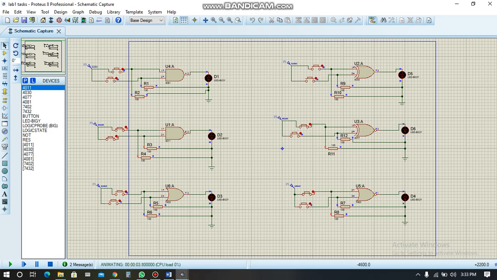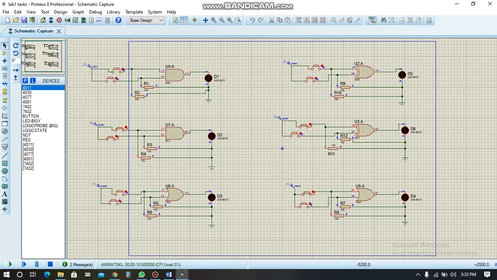The reason we have put a resistor in each case is so that the gate gets the signal, and it becomes confirmed that the gate will get a signal from the input. If we see here, the NAND gate gives a low output. The LED is off, so it's a low output.